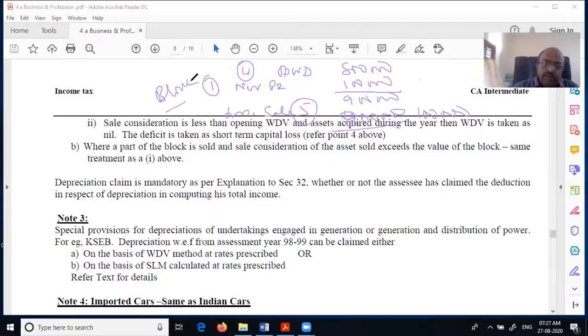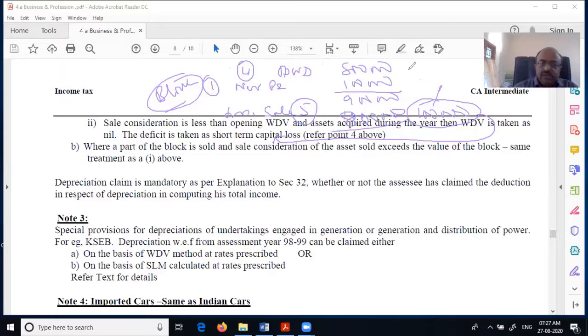You have sold it. So this 1 lakh represents no asset. It doesn't represent any asset. Therefore, the entire block is gone, so you cannot claim depreciation. This will be taken as short-term capital loss. Here, this is where you need to understand.